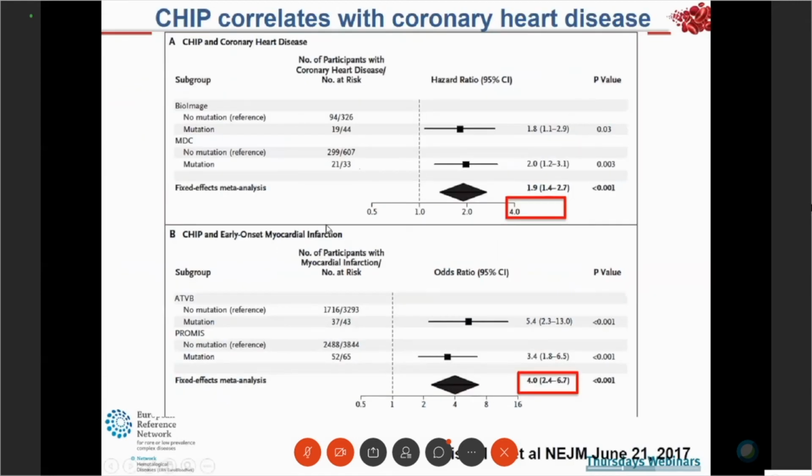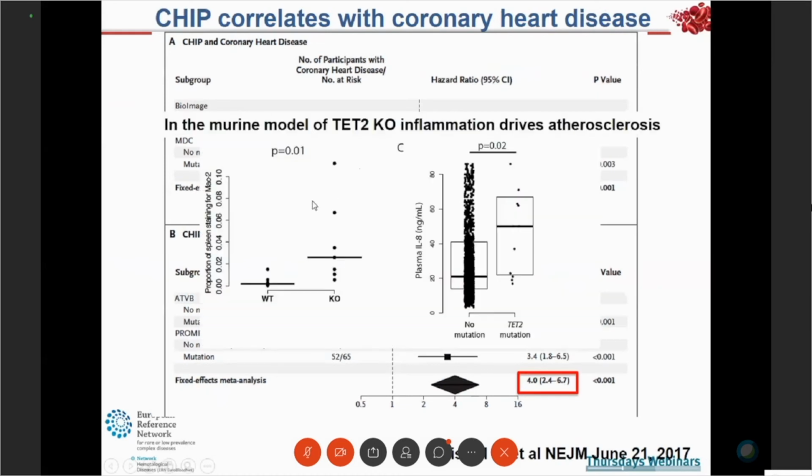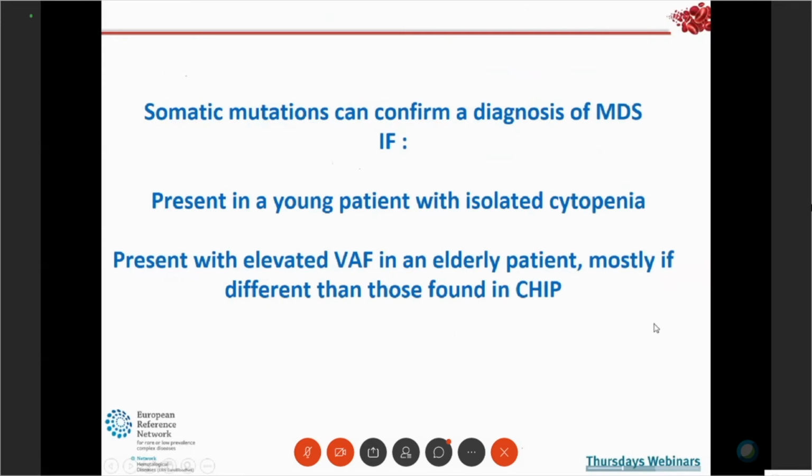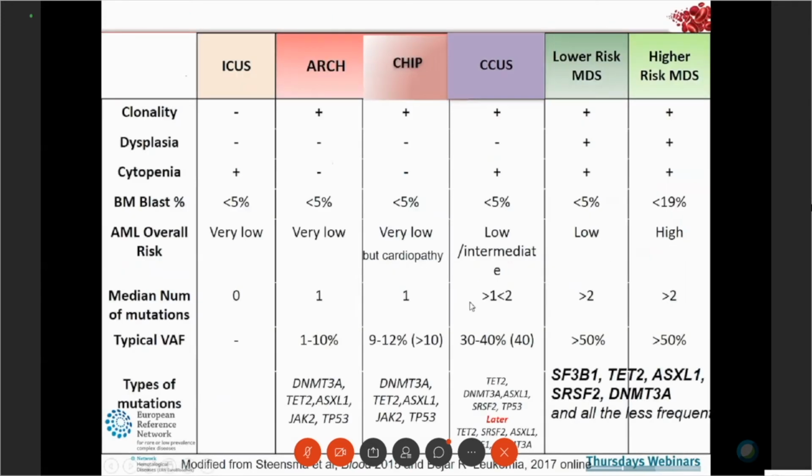We know that clonal hematopoiesis correlates with inflammation and with coronary heart disease. And this has been shown also in murine models. And what is most important is that we may, in fact, evaluate the presence of mutation and try to interpret them in terms of diagnosis.